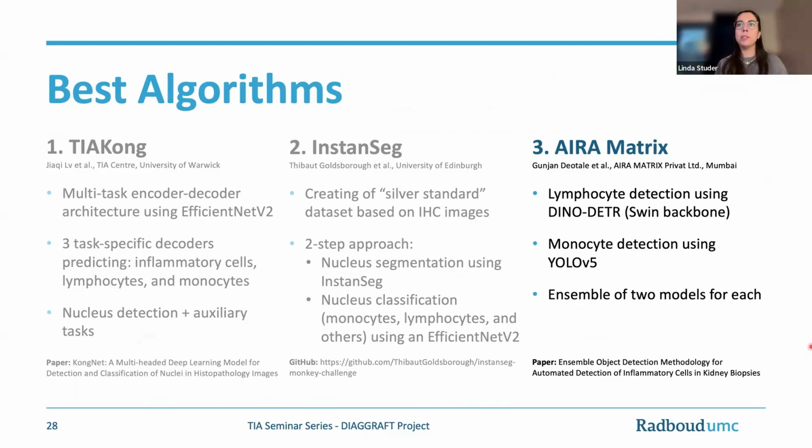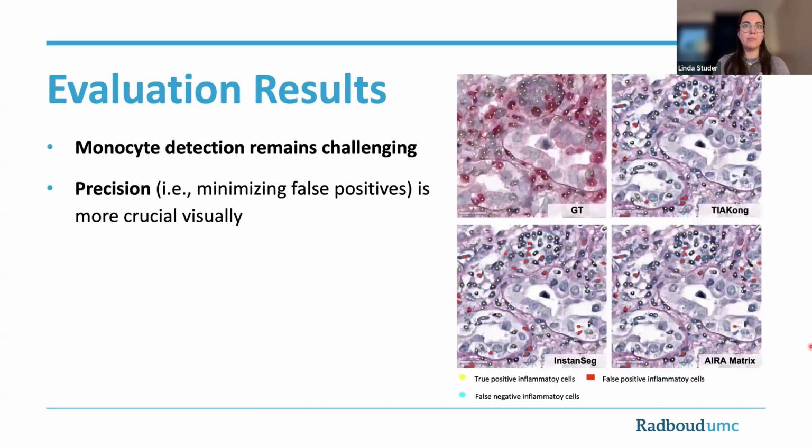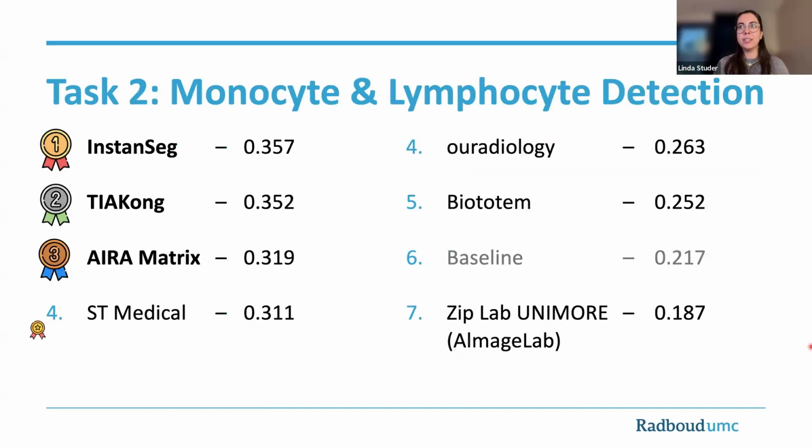A few people used YOLO, which is not very surprising because this is a detection task. Some people used a two-step approach, and many people used ensembles. But overall, I didn't expect such a broad diversity of approaches to all end up in a very similar ballpark, especially the top four.